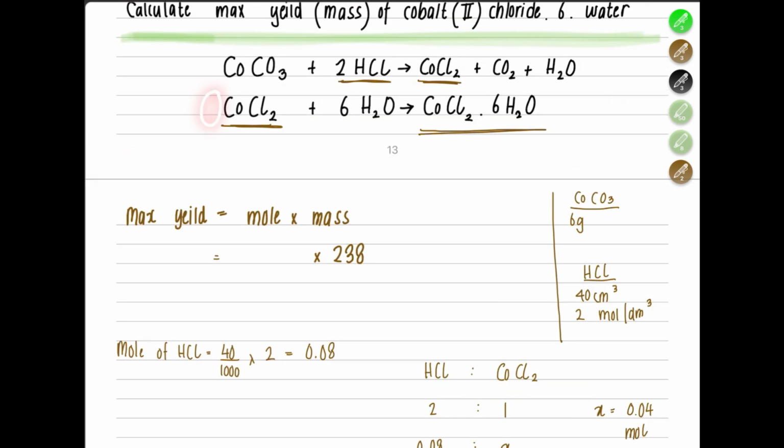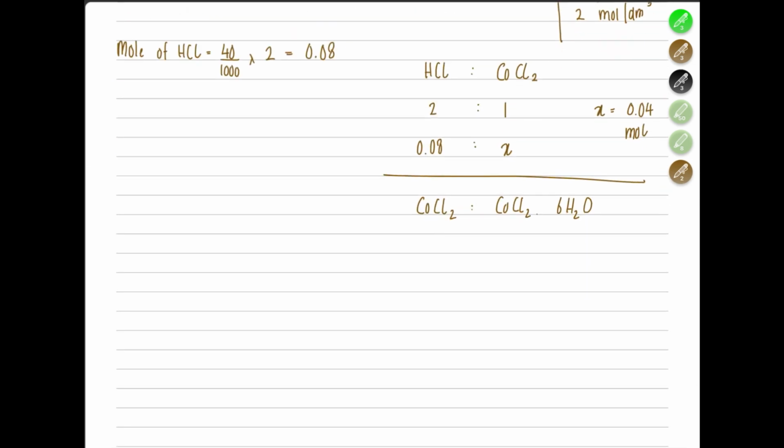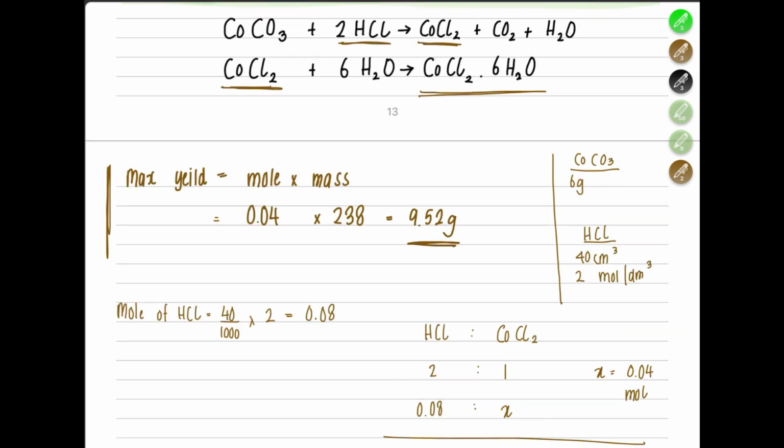The ratio is 1 to 1. If this is 0.04, this is also 0.04 moles. Now, coming back to our maximum yield, 0.04 gives us 9.52 grams. So this is the maximum amount of hydrated cobalt chloride which we'll get.